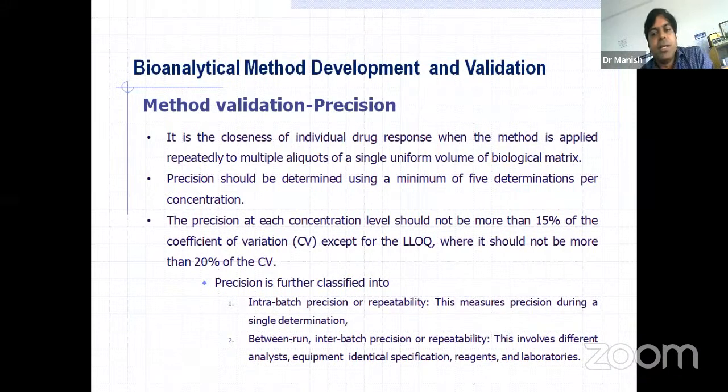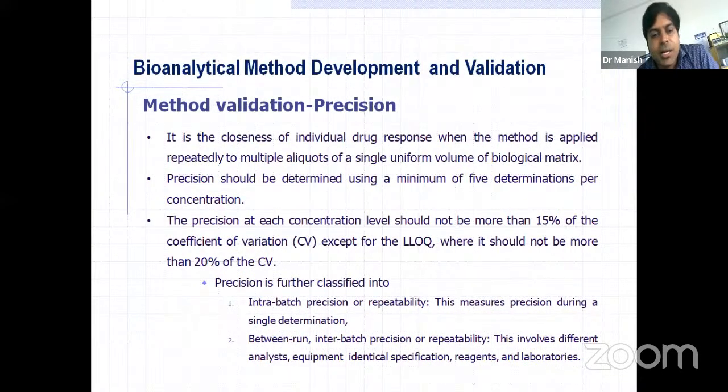So we need to inject the selected concentrations 5 times. The precision at each concentration level should be not more than 15% CV or RSD, except for LLOQ, that is 20%. And this precision is further classified into intra-batch precision or repeatability.